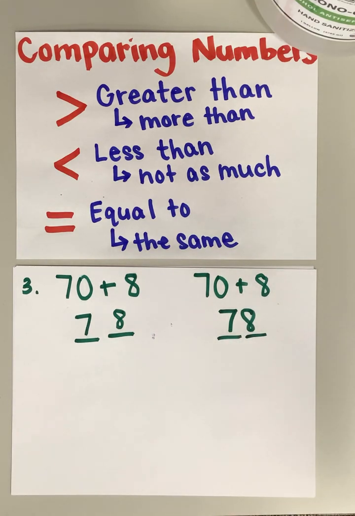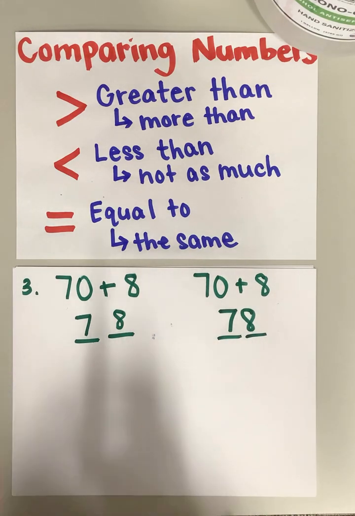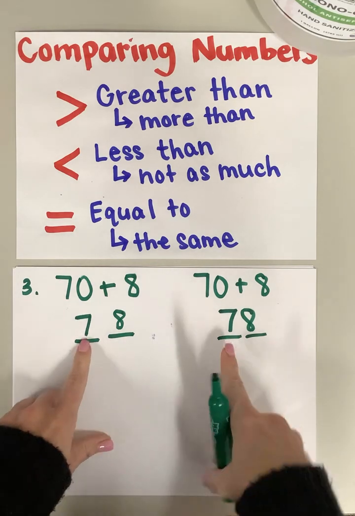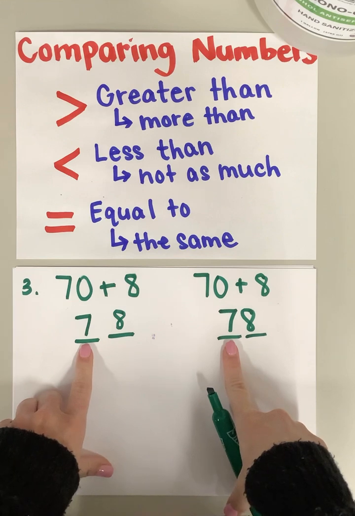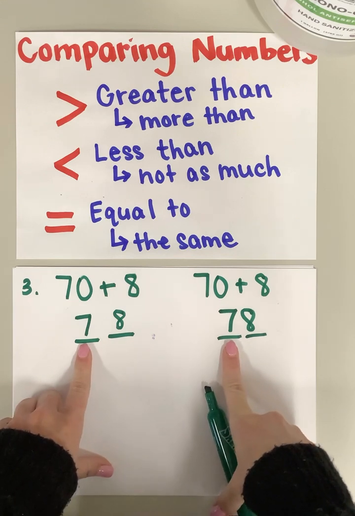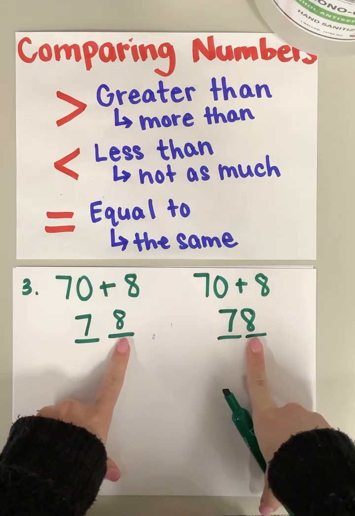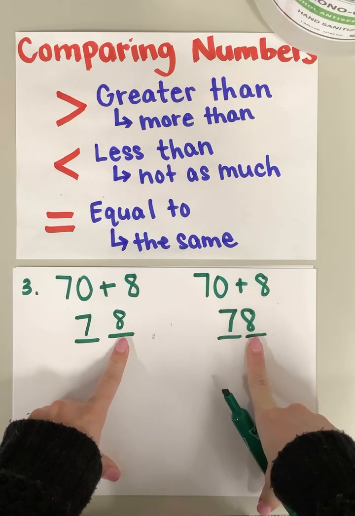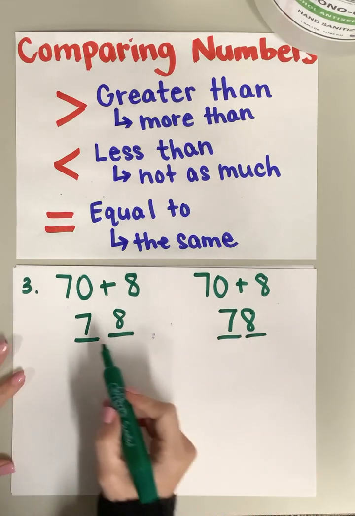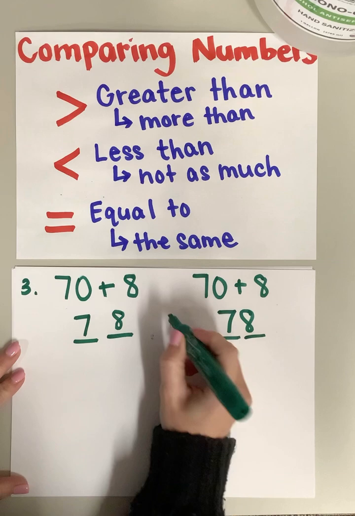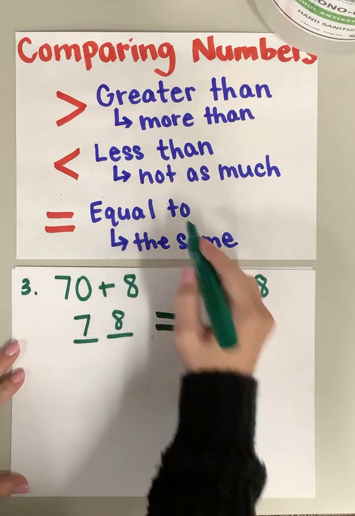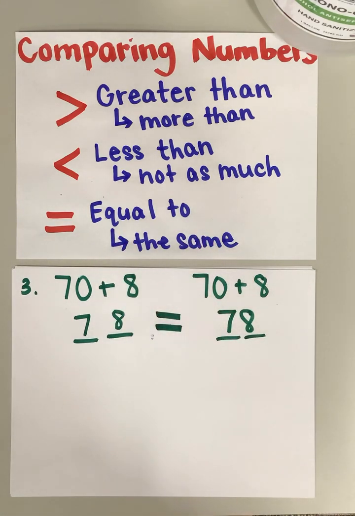Wait a second. Do you notice something about these two numbers? What number is in the 10s place? 7. What number is in the 1s place? 8. Which means that 78 and 78 are equal to each other. Awesome job, first graders.